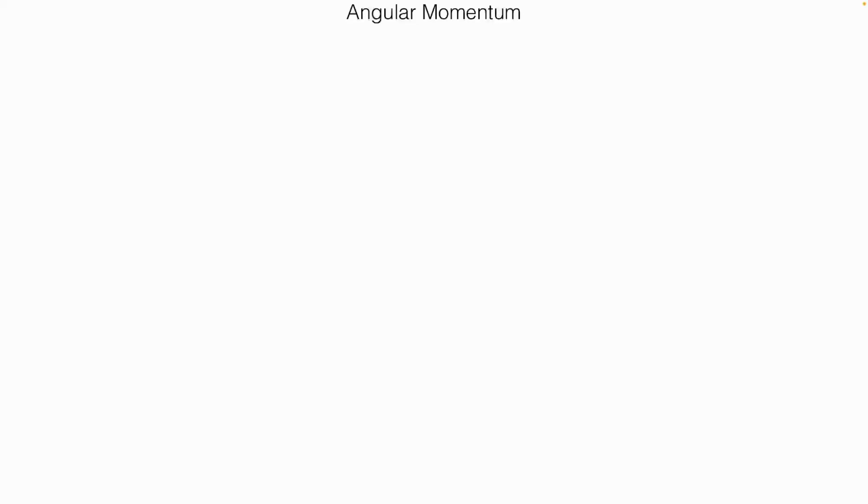R cross P is great for point particles or the shape where it doesn't matter what the shape is. But as soon as you have any kind of mass extended from an axis of rotation, you've got shapes like the ones here on the table, now we just default to I omega, right?